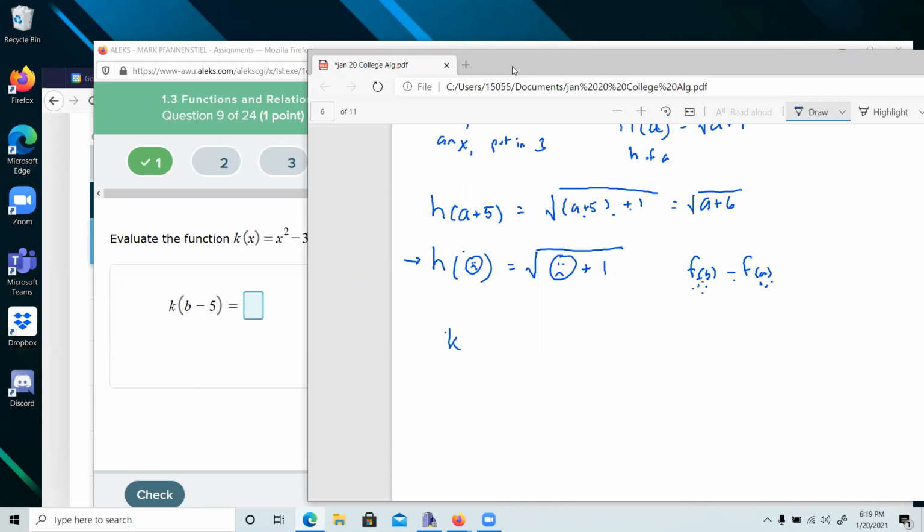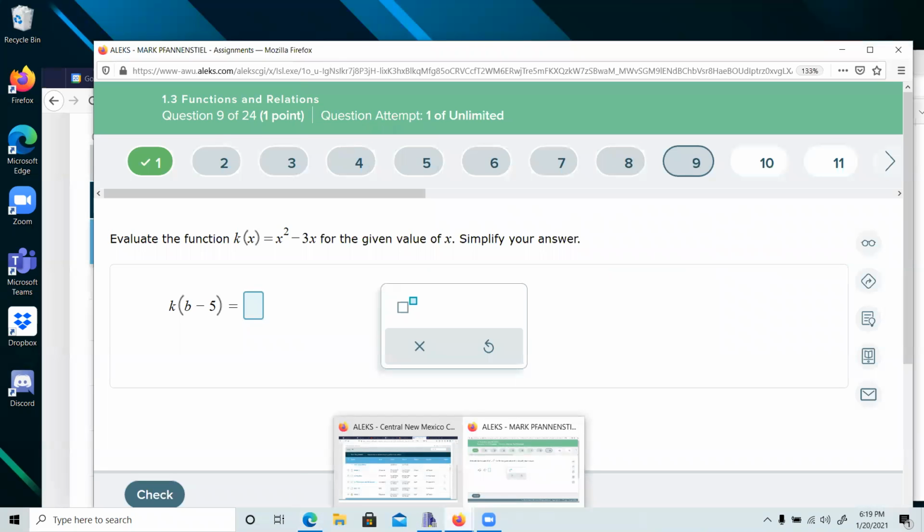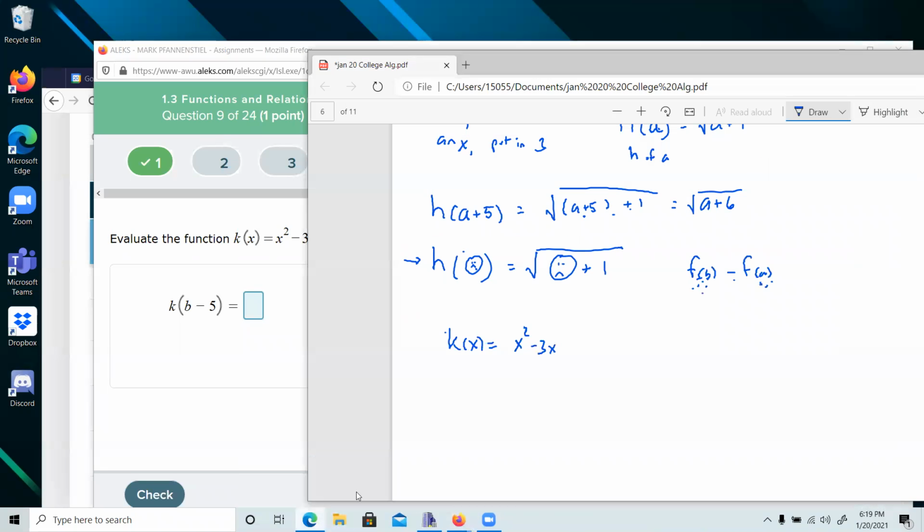So we have k of x is equal to x squared minus 3x. Is that it? That's all they wanted? That's all they wanted. Okay. So, and this is another thing that always got to me when I was in lower math classes.